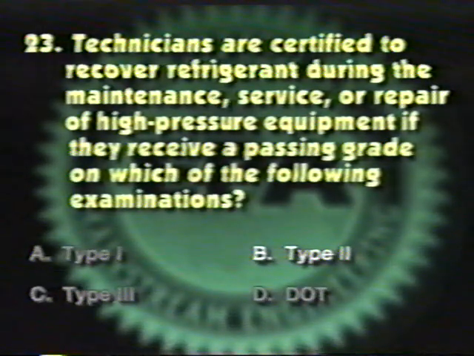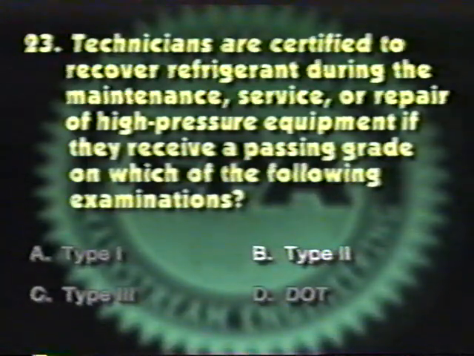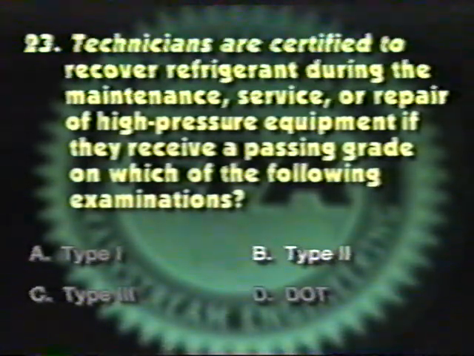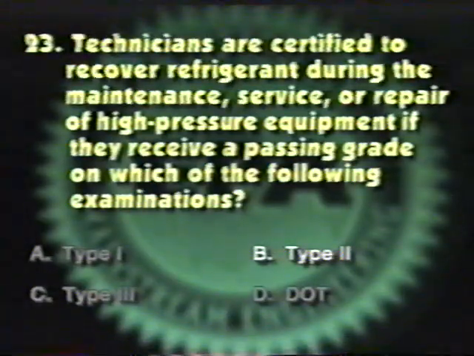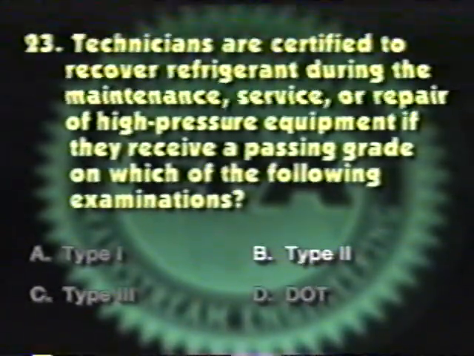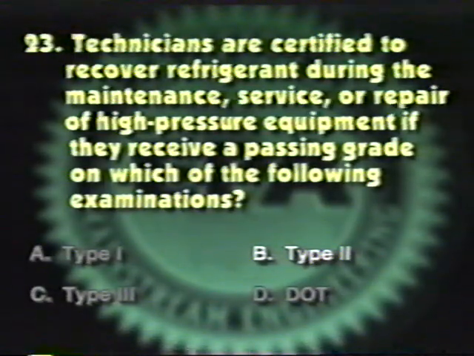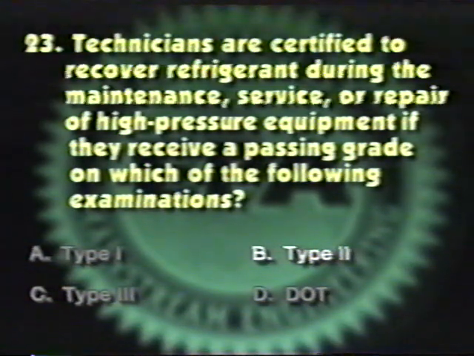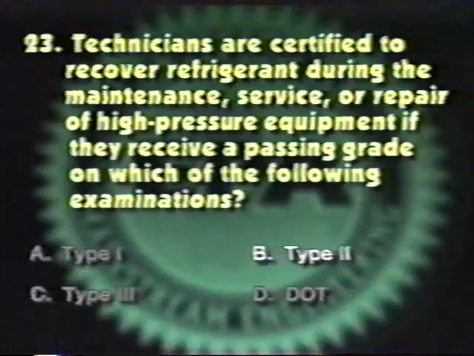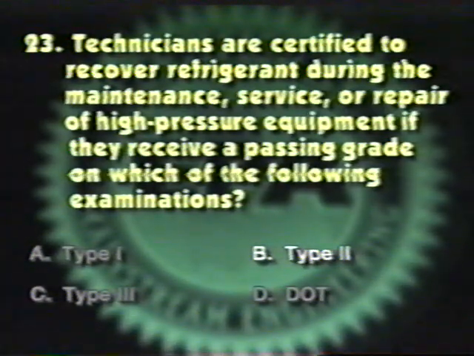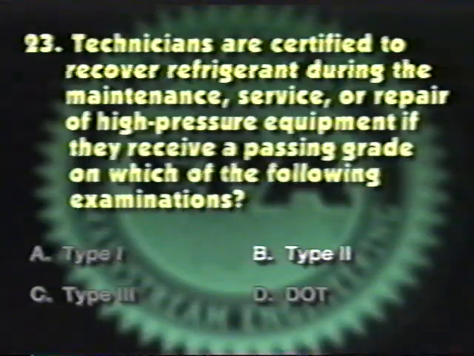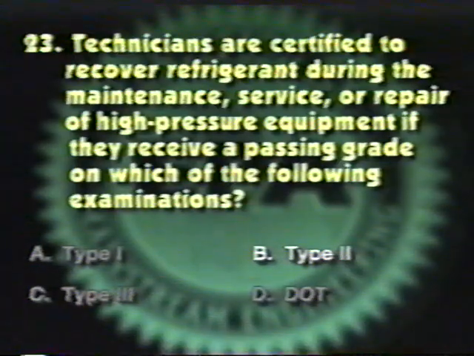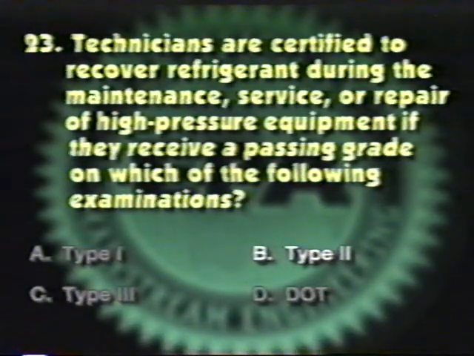The correct answer is B. Technicians receiving a Type 2 high-pressure and very high-pressure certification can recover refrigerant during the maintenance, service, or repair of high-pressure equipment, such as high-pressure CFC 12, HCFC 22, CFC 500, CFC 502, CFC 114, and very high pressure CFC 13 and CFC 503 equipment.